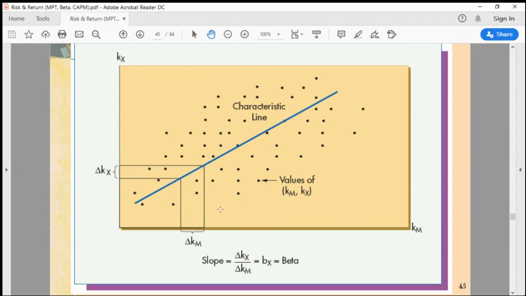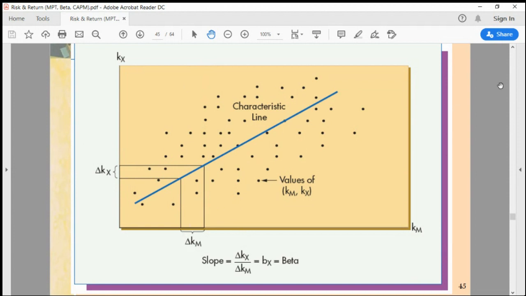So this scatter plot, each dot represents the coordinates between market return and the return on company X, right?